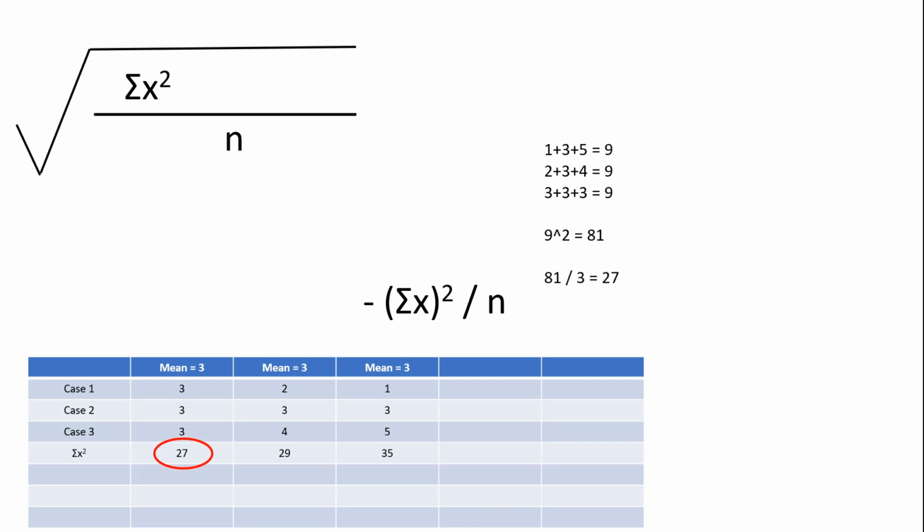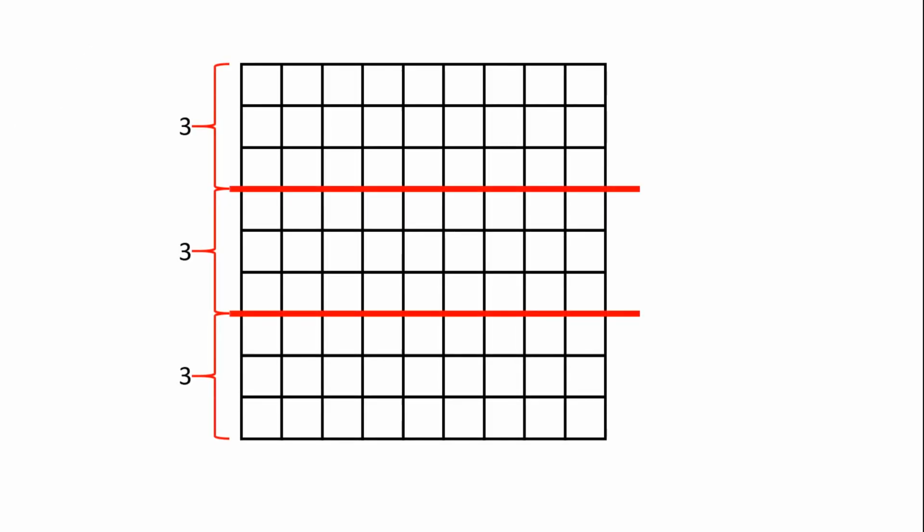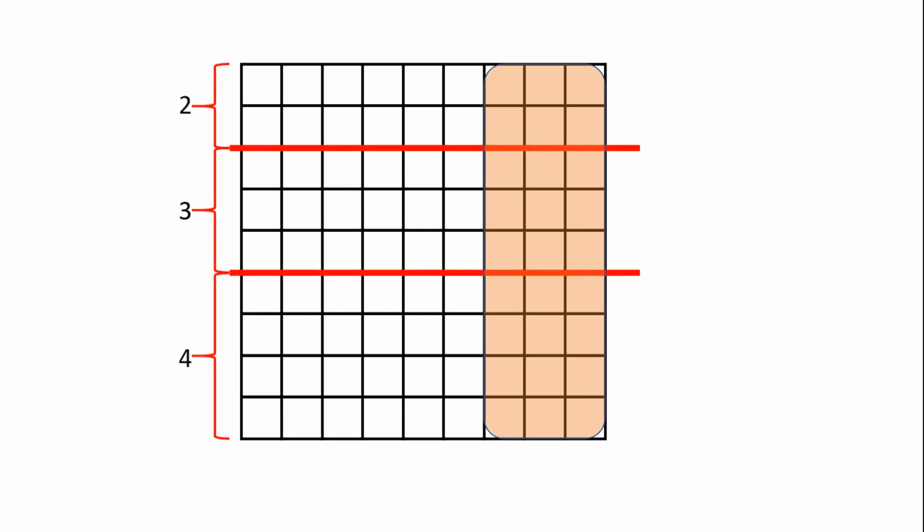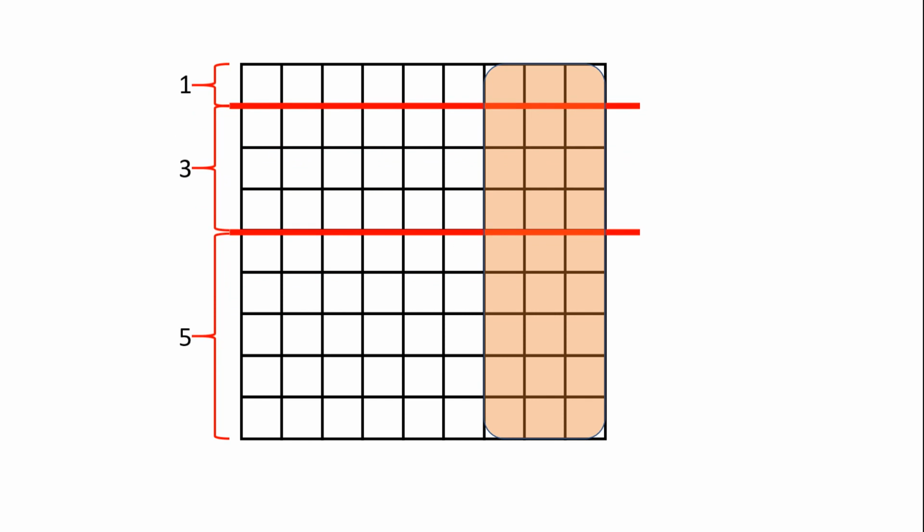Hey, that's exactly the number we got when everyone scored the average. Interesting. Okay, back to the napkin. I draw out 3, 3, and 3, square it, and then divide by 3, and I get 27 boxes. And now I can see that no matter where I put those red lines, 2, 3, 4, 1, 3, 5, I'm always going to get this same result.